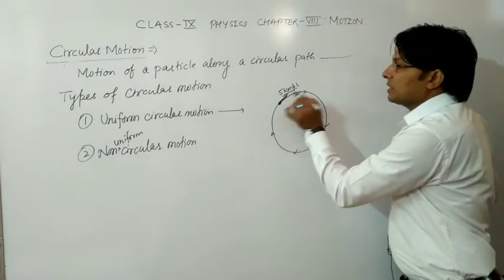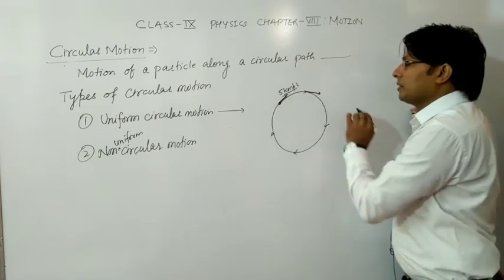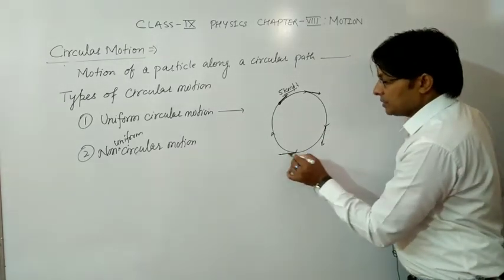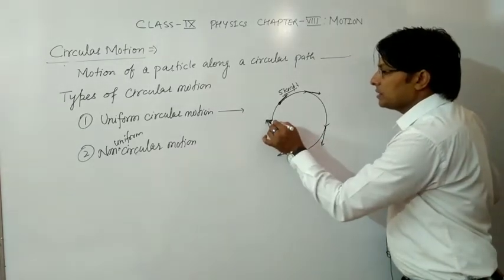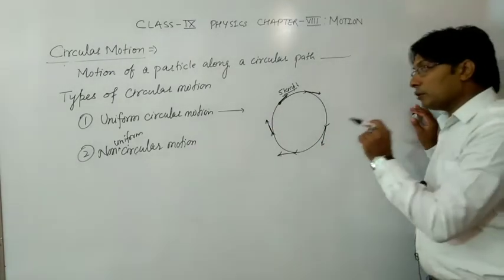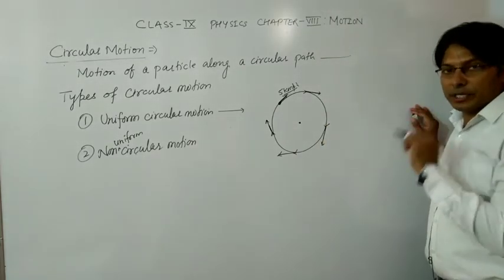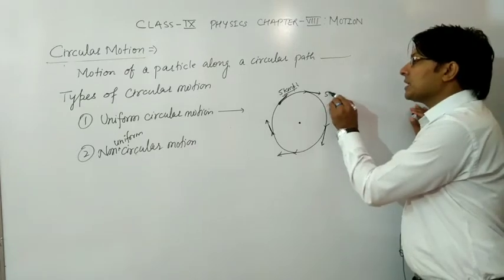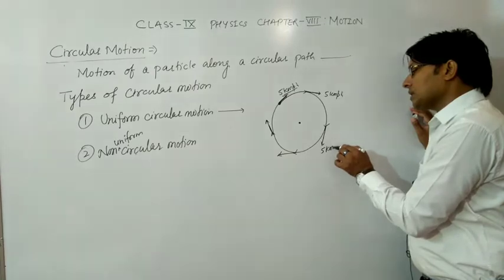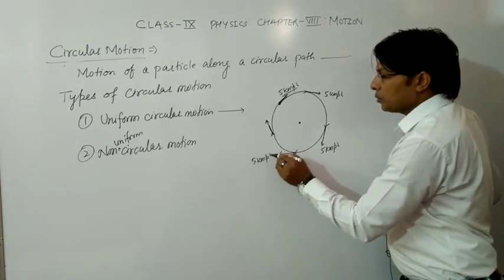Here the direction of speed is this, at this point the direction will be in this direction. Similarly, these will be the directions of the speed, or we can say the velocity of the particle. The velocity of the particle is changing at each and every point, but the speed remains the same, that is 5 km/h. If it is so, then such motion is said to be uniform circular motion.